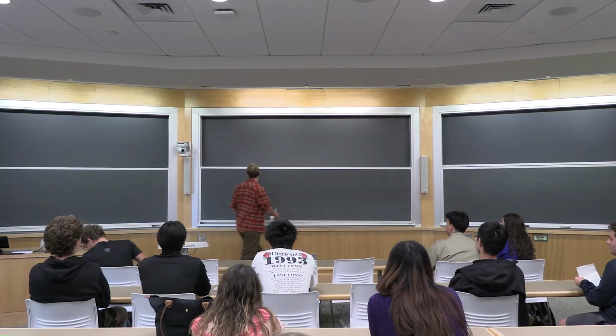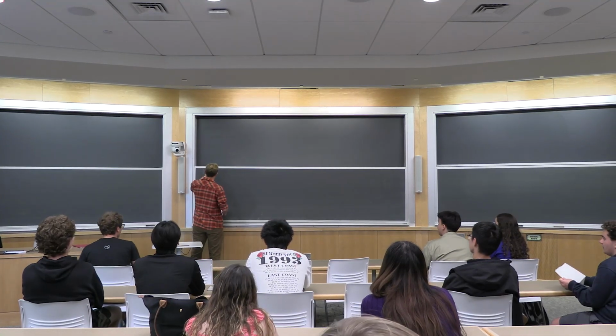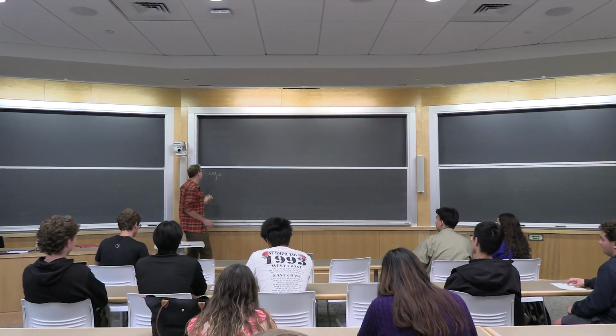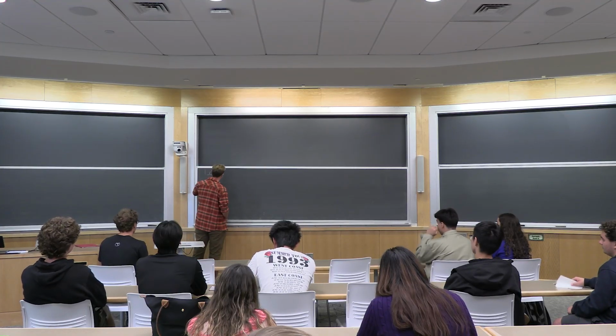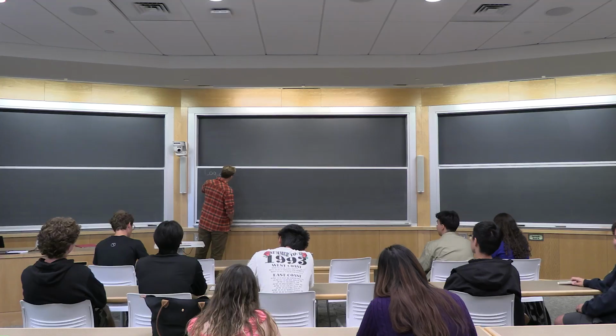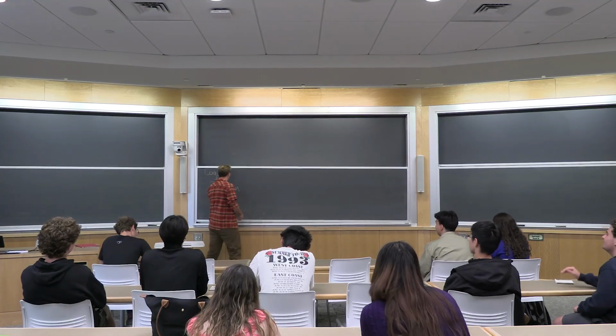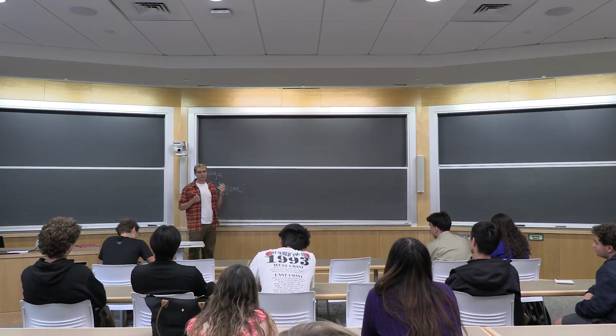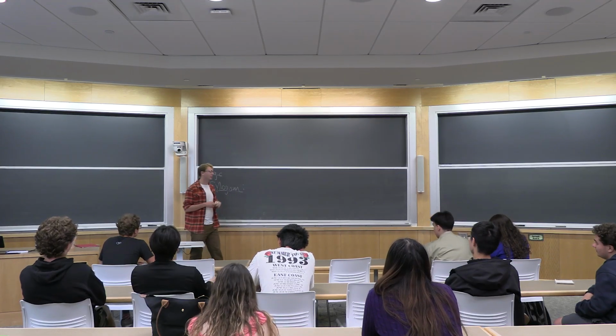So we're just going to start with basic logic. And the most fundamental piece of logic is called a syllogism. This is where you have a conclusion that will follow from generally two premises.